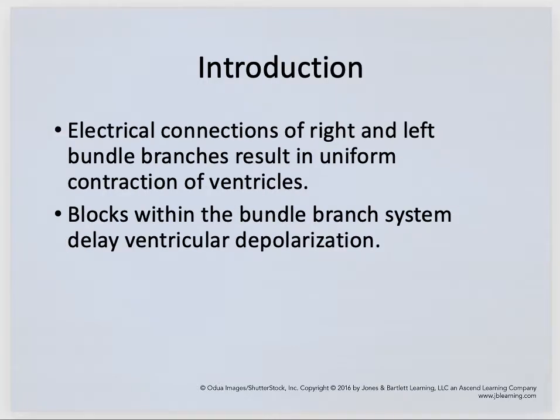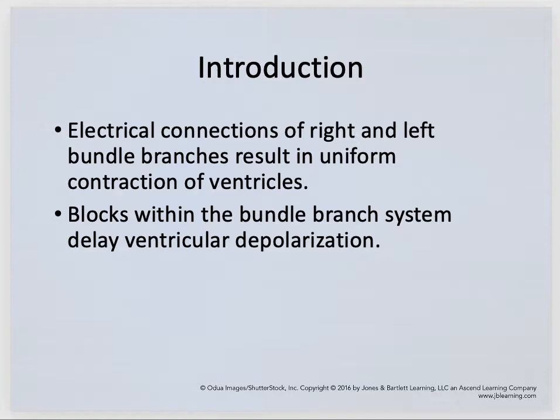When you think about electrical conduction, the right and the left bundle branch results in a uniform contraction of both ventricles. So think about this. We start with the SA node, it goes down to the AV node, and then from the AV node it divides into left and right His bundles.